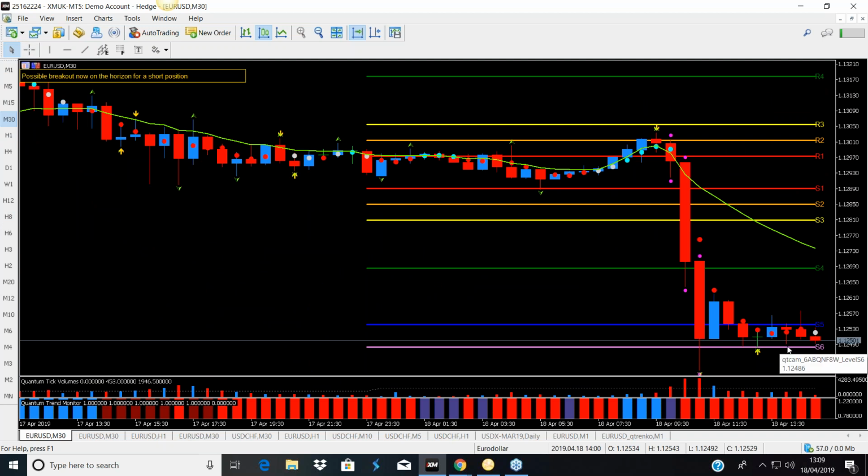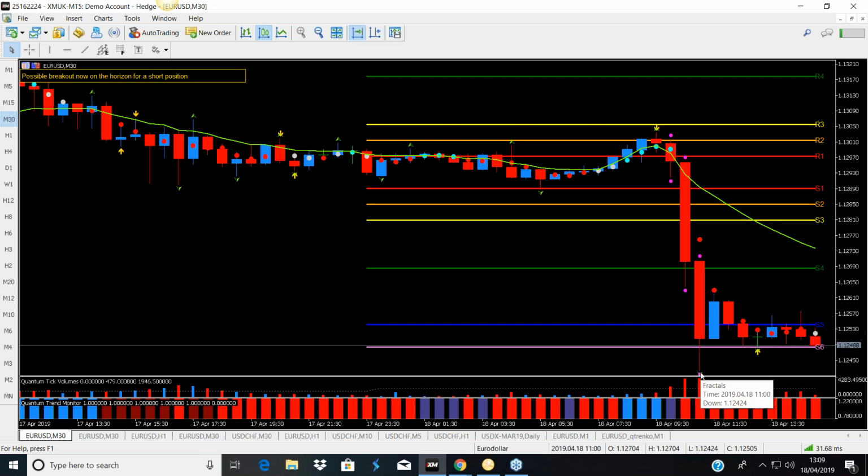On our Camarilla, we've got 6 levels. S4 is the first one where, if it breaks, it's taken to be a valid break. It did crash through it, got through to the 5th, and got to the 6th, which kind of provided a support platform. Obviously that came through, but it actually closed above the S6. So we take this level here, 1.2480, as the current support.